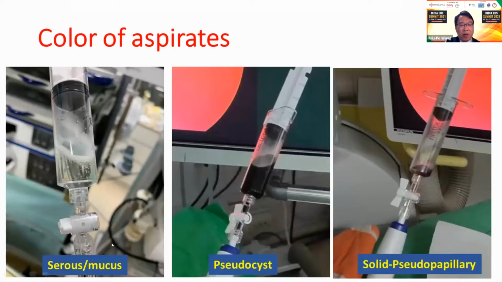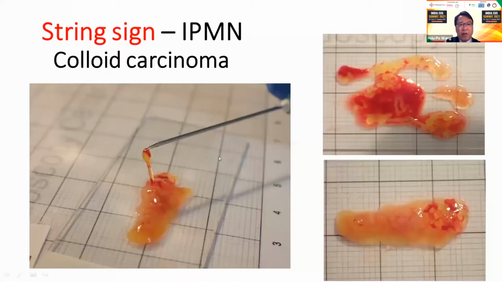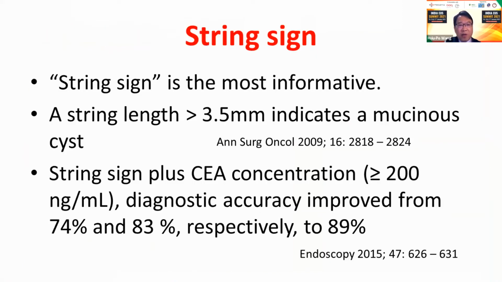This slide shows that a transparent clear aspirate is a sign of mucus, while pseudocyst and pseudopapillary tumor aspirate will be deep brownish, like old blood. And the string sign is very important for diagnosis of mucinous neoplasm. The string sign is the most informative, and a string length more than 3.5 millimeters indicates a mucinous cyst.